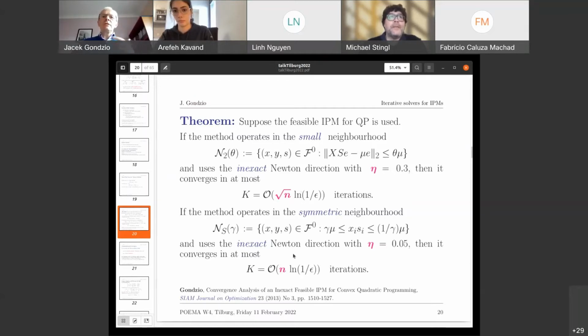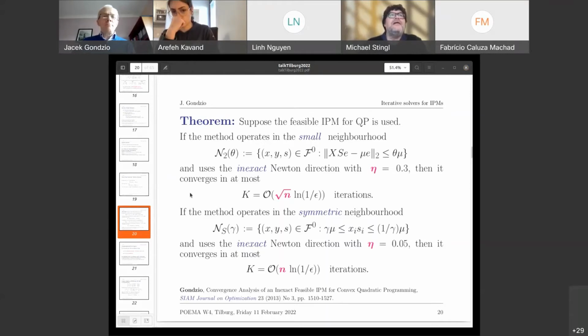So both these analyses were done for feasible algorithm and for linear and quadratic programming. If you deal with nonlinear optimization or anything originating from PDEs, as you would probably be interested in, then maybe more conservative eta would have to be used. Yeah, I understand, but why? Can you give me an idea why precisely 0.05? Or is it just that 0.04 would be sufficient as well?